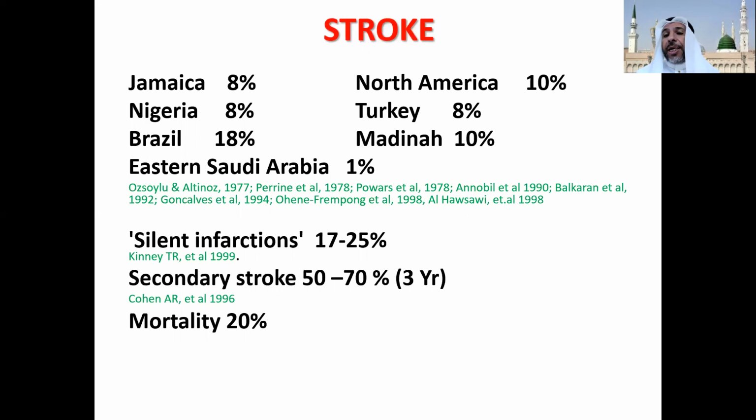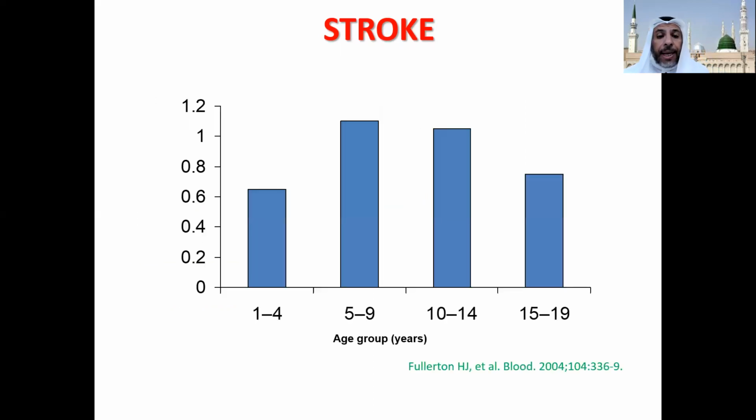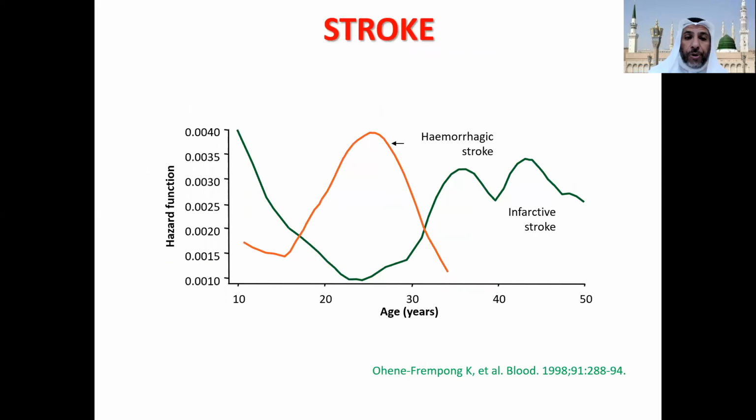Silent infarction: unless you look for it by MRI, you may not find it. Be aware that a second stroke after the first stroke happens in 70% of the patients within 3 years. Usually stroke happens during childhood, usually between 5 and 15 years of age, and of course also in the older age group.